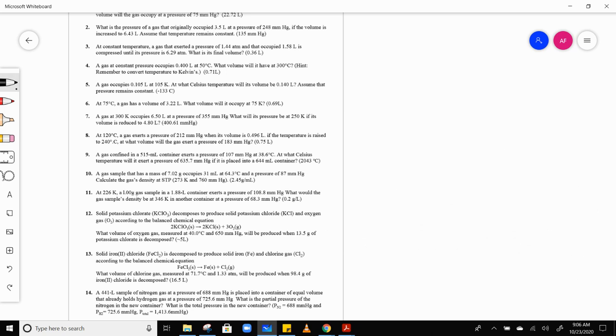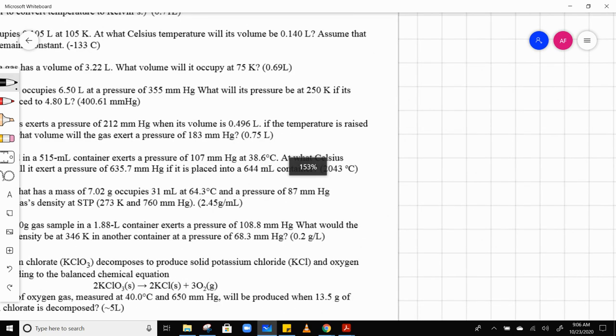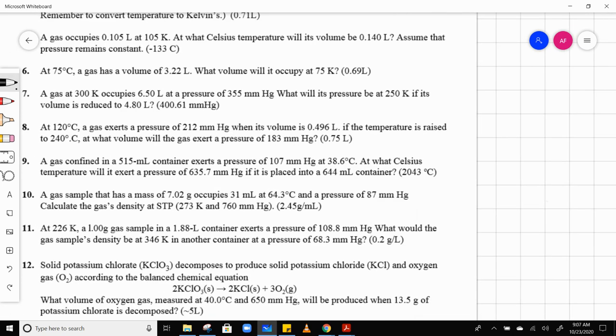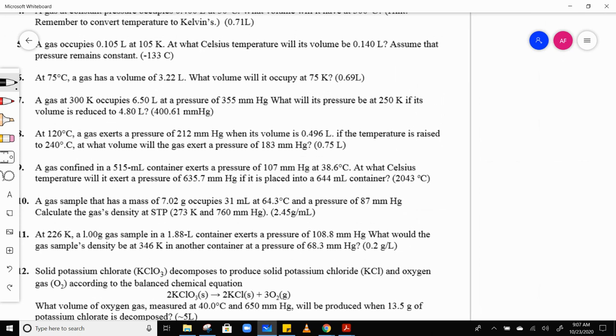Number 9. Okay, so number 9 says the gas is confined to, so the volume 1 is 515 milliliters. The pressure 1 is 107 mmHg. And the temperature 1 is 38.6 degrees Celsius.